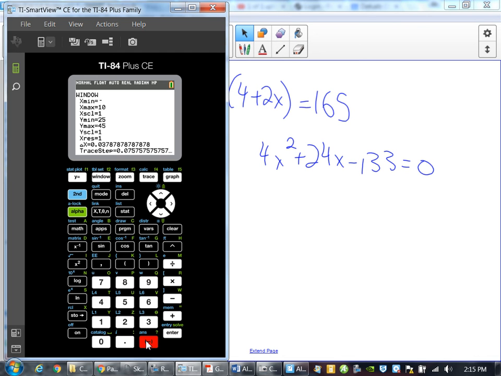Oh, flip-flop my windows. 2, 5. So I just did a quick 25 by 25.